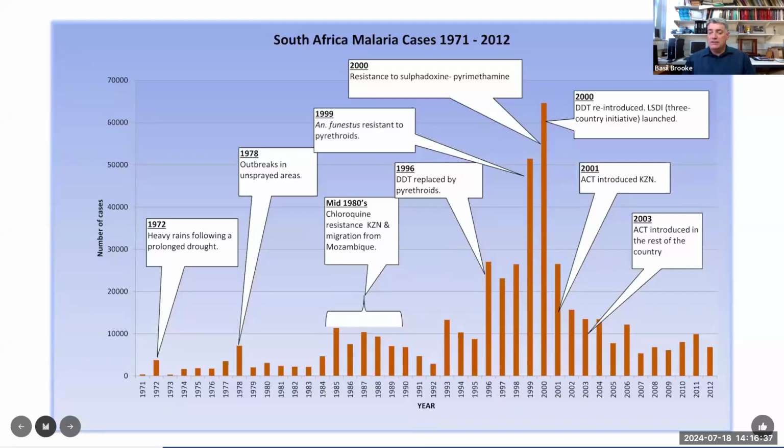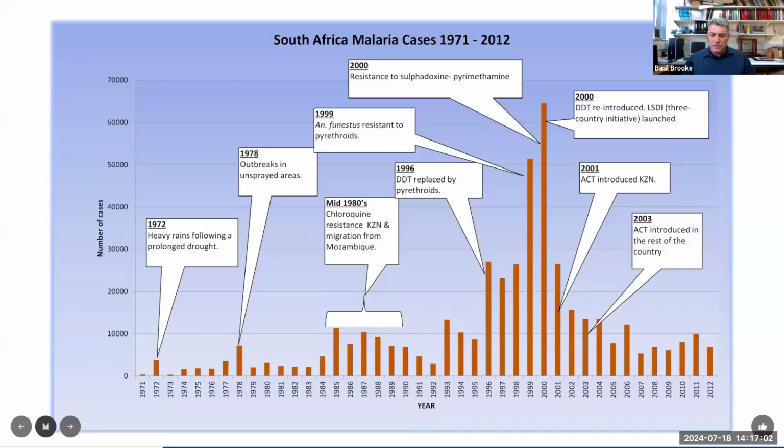But something very important happened in 1996, and that is during the years in the 70s, 80s, and 90s, we were really primarily reliant on DDT for IRS, and that really did a fantastic job for us. Because if you think 10,000 cases is a minuscule proportion of how much malaria we would have in South Africa if we weren't doing malaria control. We would have hundreds of thousands of cases as opposed to under 10,000.